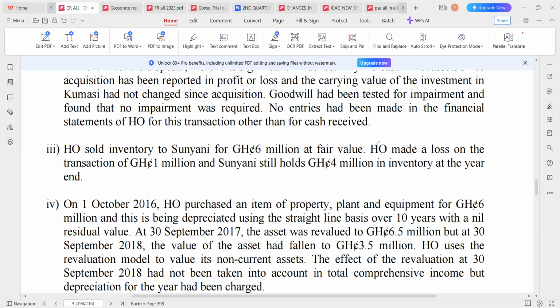So that's all. There's nothing you do again. So all these figures here are there as a trap because there's unrealized loss. We only eliminate unrealized profits. Unrealized loss, we want it maintained.